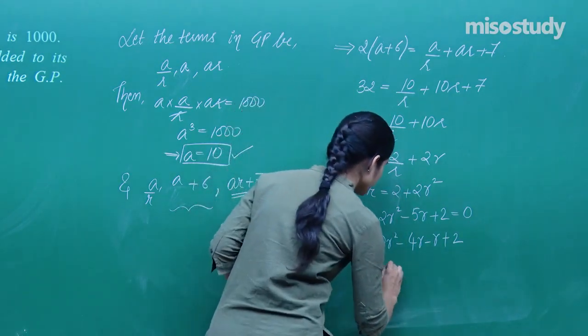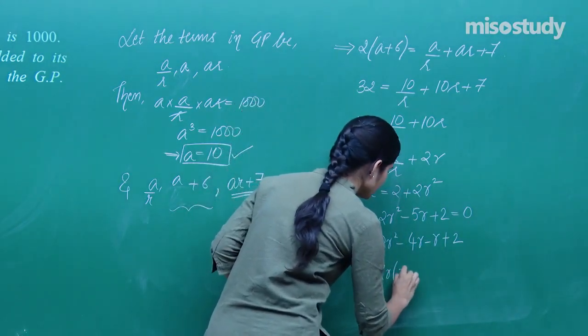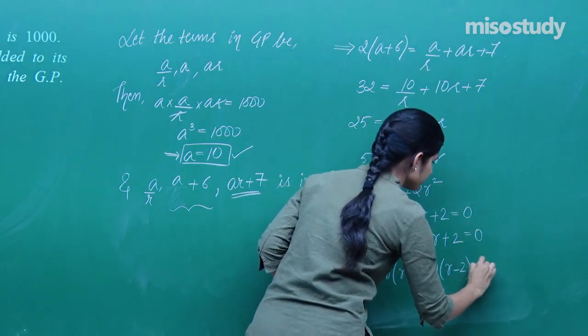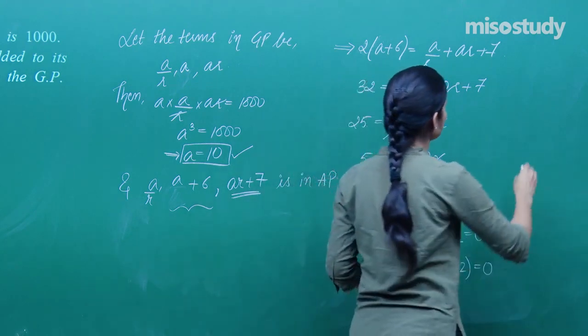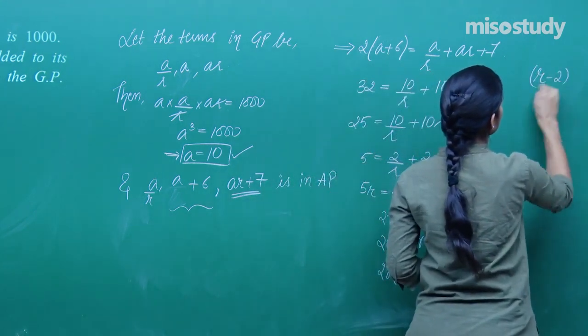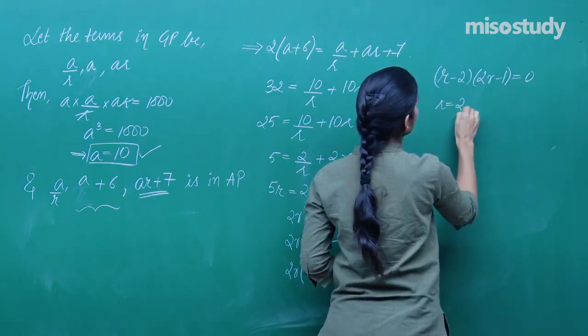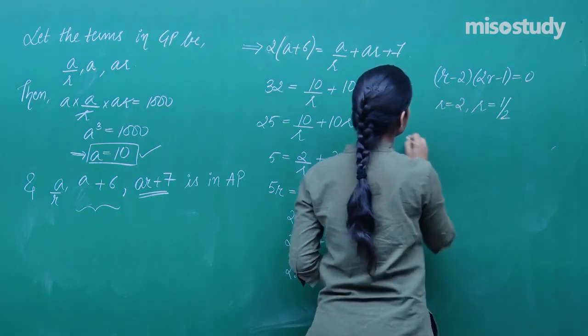Right? This gives me 2R common, R minus 2 minus 1, R minus 2. So this gives me R minus 2 and 2R minus 1. So R is 2 and R is 1 by 2.